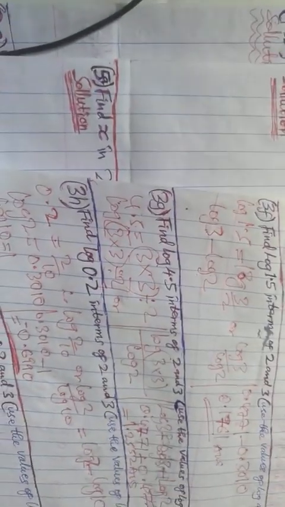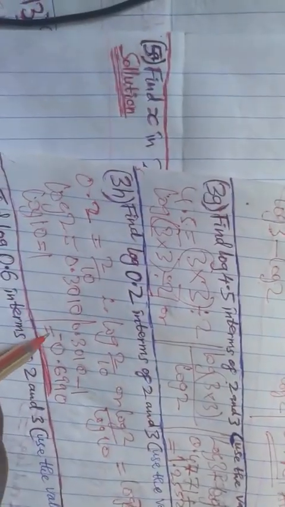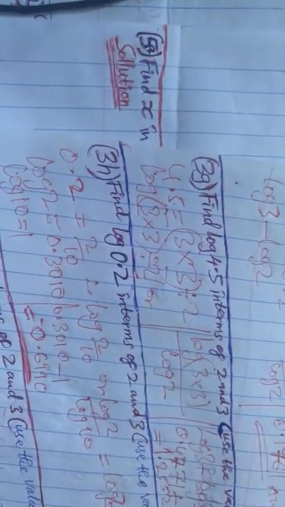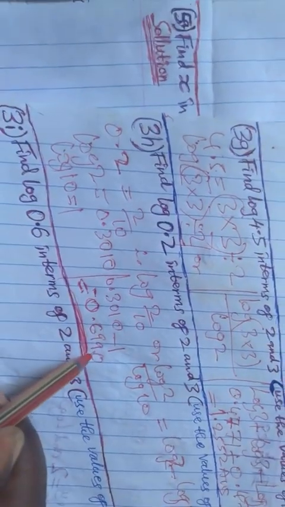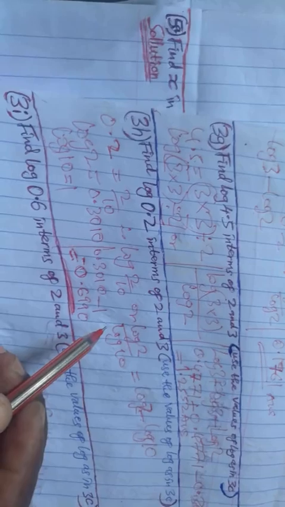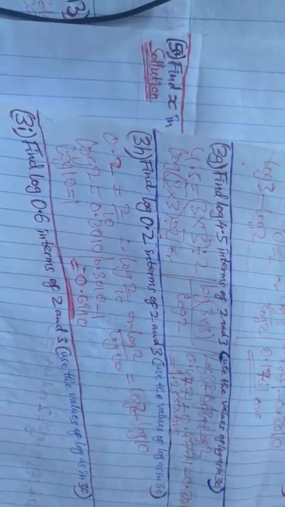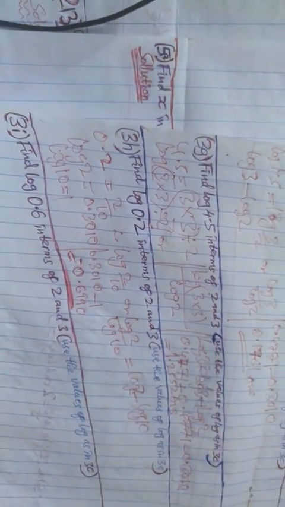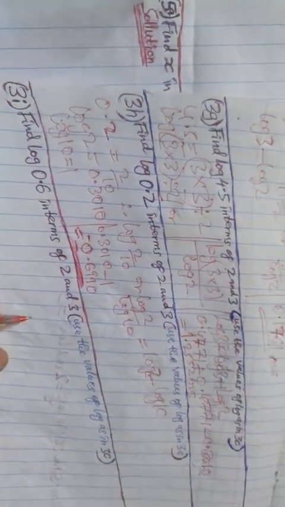This is the answer. Now, according to logarithms, the mantissa cannot be negative. This value is called the mantissa, and it cannot be negative.